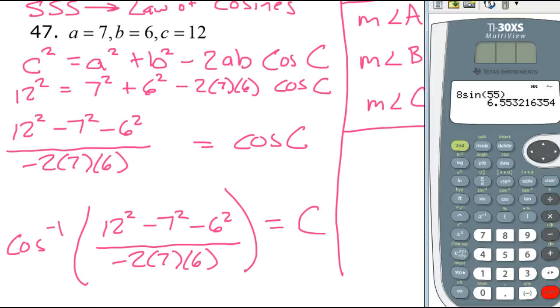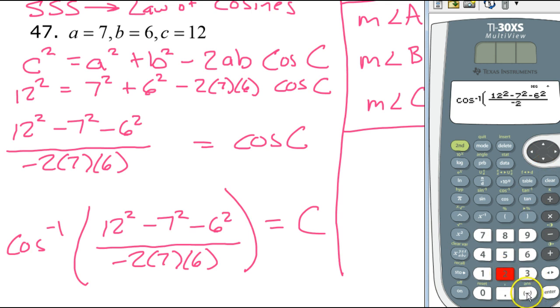Okay, so let's go ahead and get this in the calculator. I'm just going to put this whole thing in my calculator all at once. Wait, I almost forgot the inverse cosine part. So inverse cosine, and then I've got my 12 squared minus 7 squared minus 6 squared over negative 2.